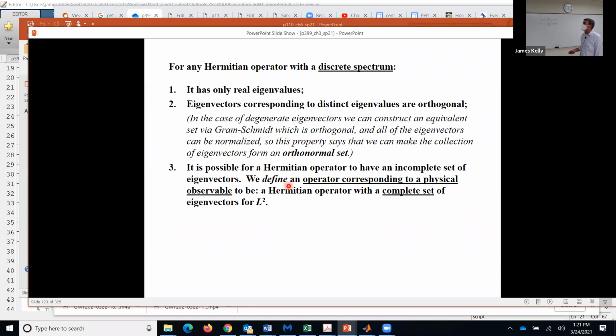We're going to define an operator corresponding to a physical observable as not just a Hermitian operator, but a Hermitian operator with a complete set of eigenvectors for square integrable functions. He's sort of defining his way out of it, saying we're not going to call it an operator corresponding to a physical observable unless it's both Hermitian and has a complete set.